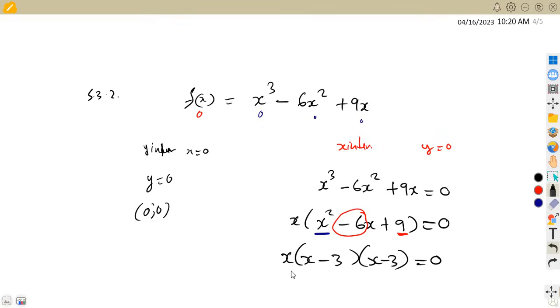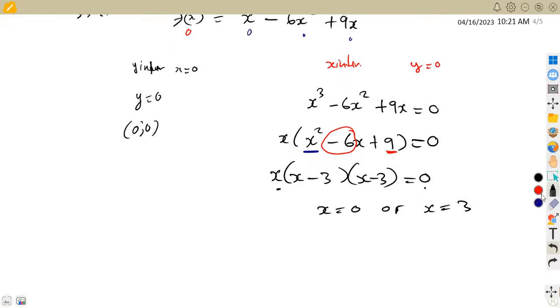Meaning to say from this, x is going to be equal to 0 or x is going to be equal to 3. Okay, so for this condition where we have two values of x, where x is equal to 3 or x is equal to 3 like this, it means that point is a turning point also.